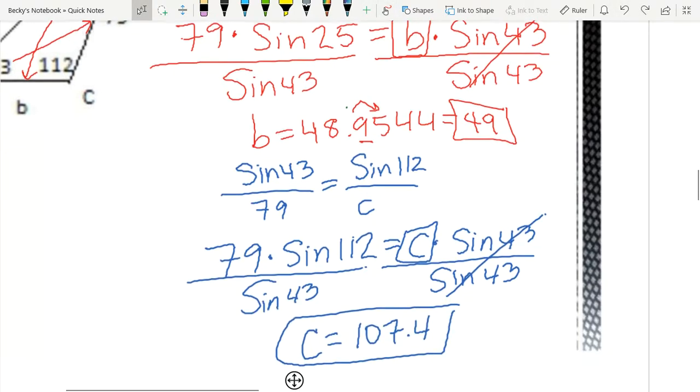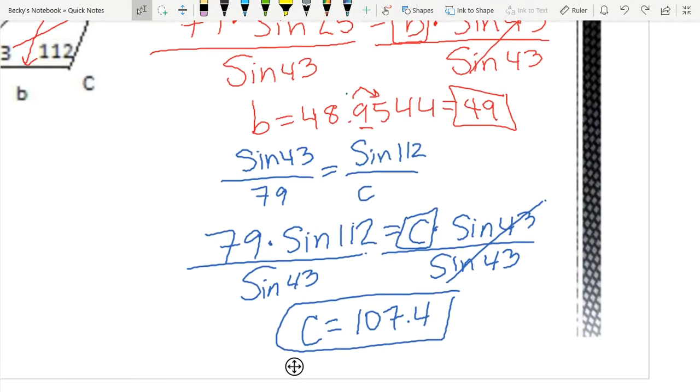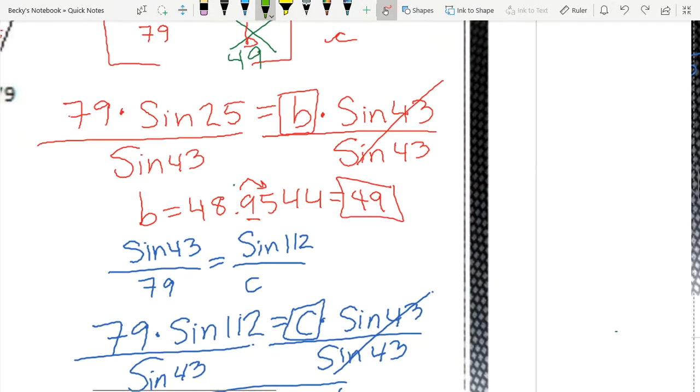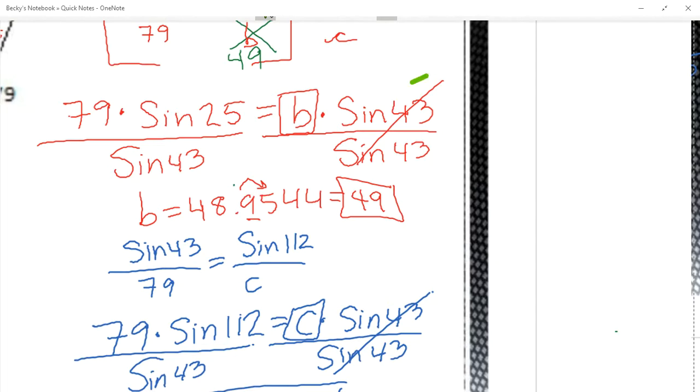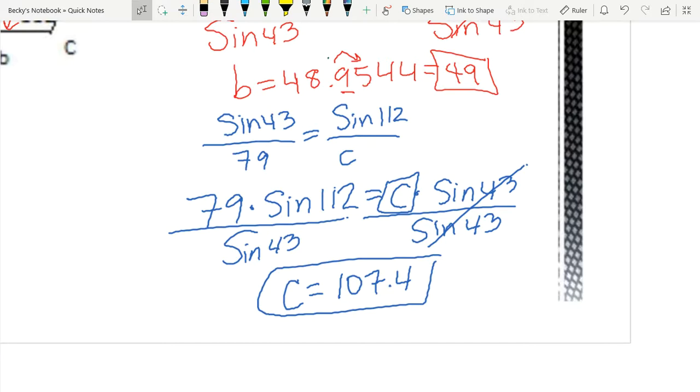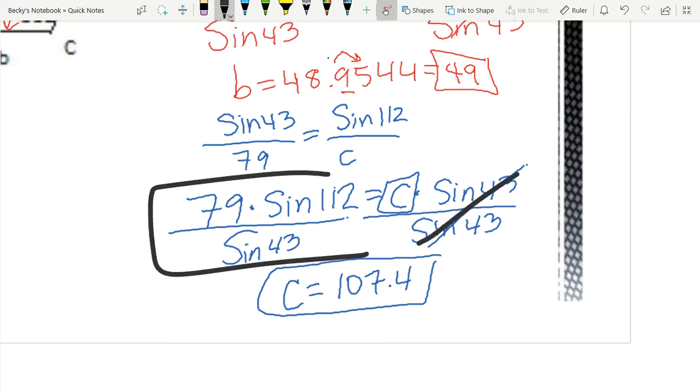Again, you're dividing by sine 43. Oh my goodness, it doesn't like me. Please mess around with your calculator and see if you can type this in to get c, which I have as 107.4. Pause it if you need to, work with a friend, see if you can get that answer.